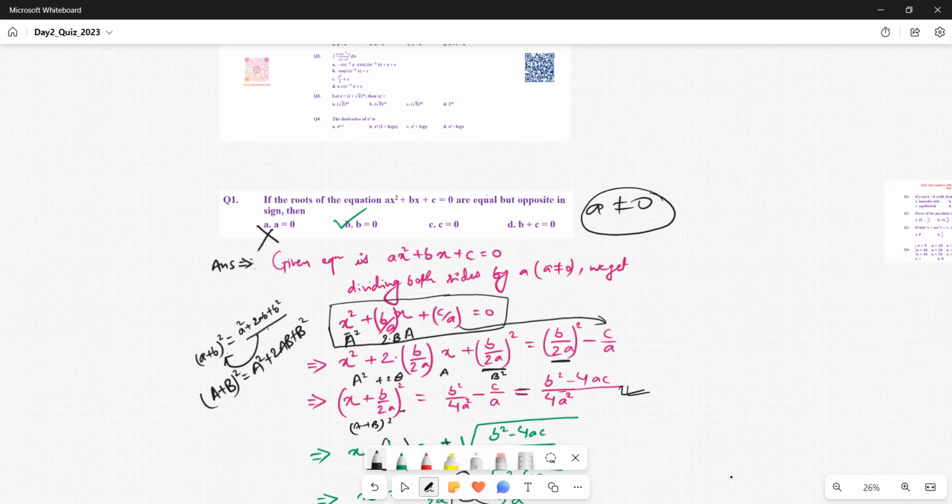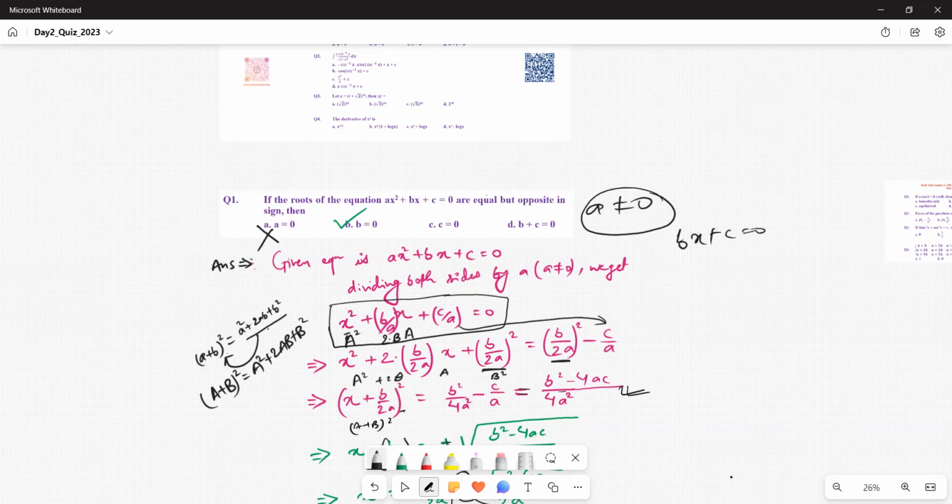I hope everyone is understanding. Also, let me try with option b equal to 0. We are going to play with options; you don't need to do the detailed solution in the exam. In the exam, play with options, right? So when a equals 0, the equation will be bx plus c.